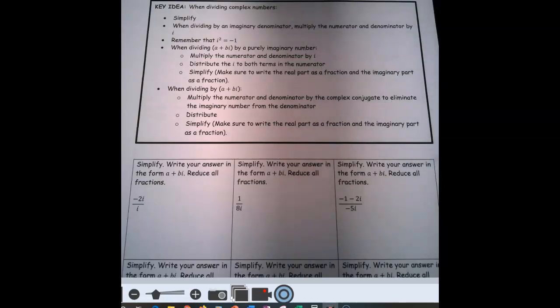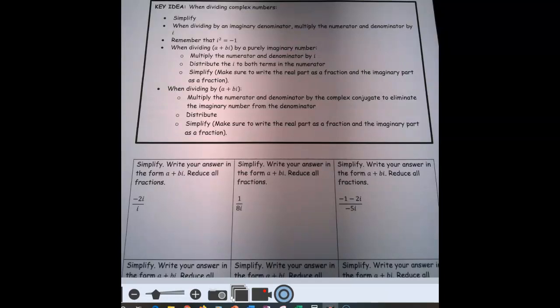What we're going to do, again, is multiply the numerator and denominator by i, distribute the i to both terms in the numerator, and then simplify to make sure that we write the real part as a fraction and the imaginary part as a fraction.